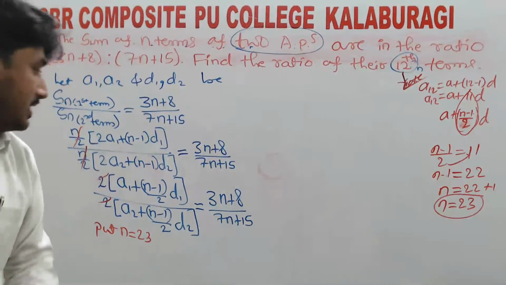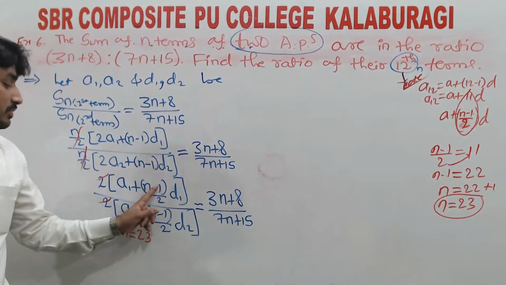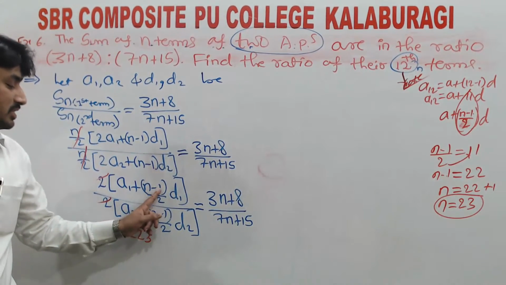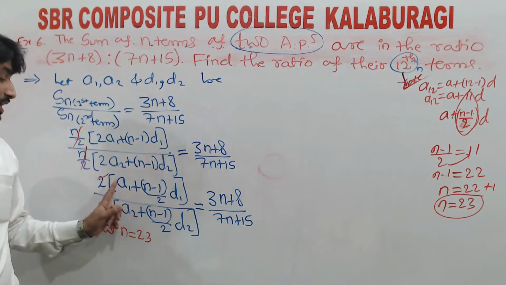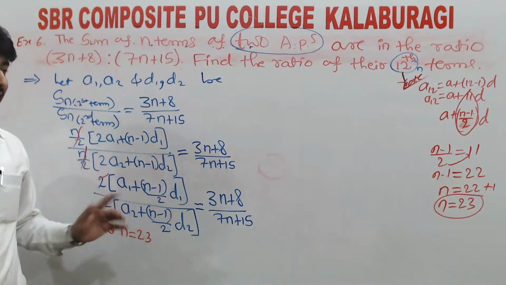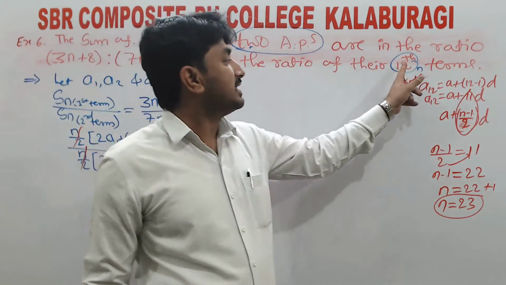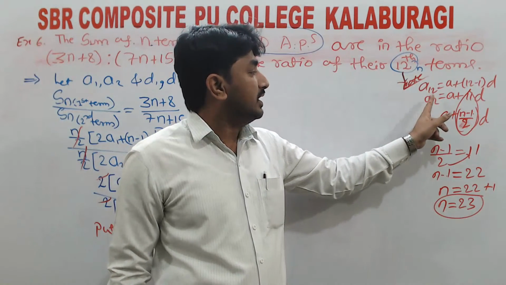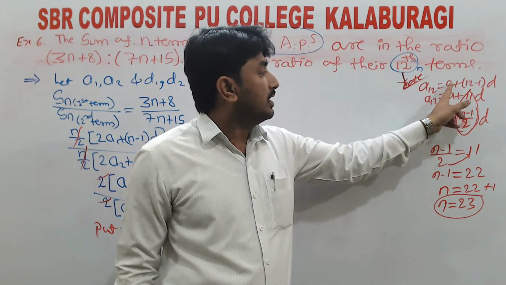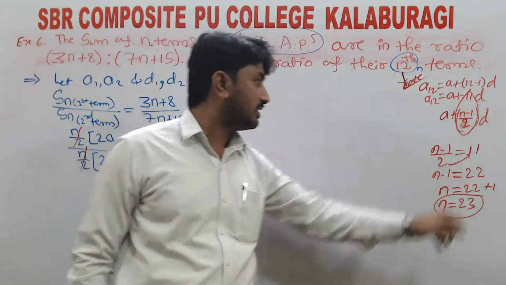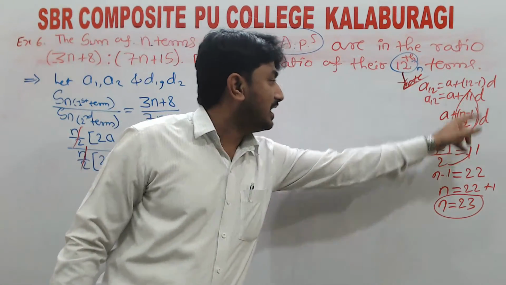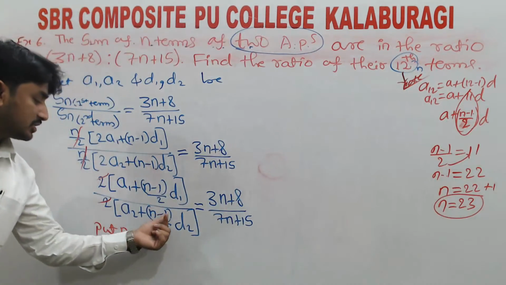I repeat once again. Here a1 plus n minus 1 by 2 into d1 is the same as our general formula a plus n minus 1 into d. The required result is the 12th term, so compare these. The 12th term is a plus 11 into d, where 12 minus 1 is 11. In the same way, the nth term has n minus 1 divided by 2.